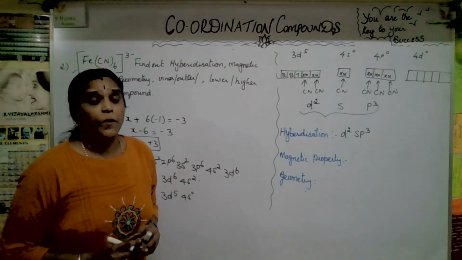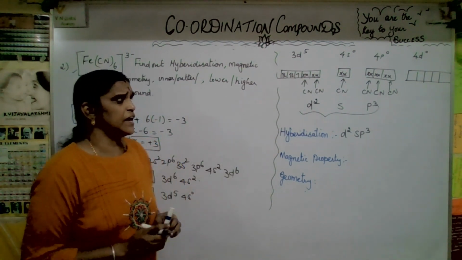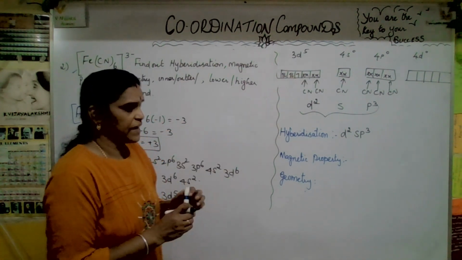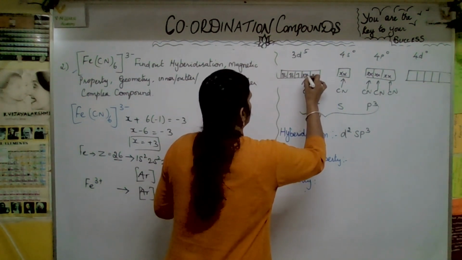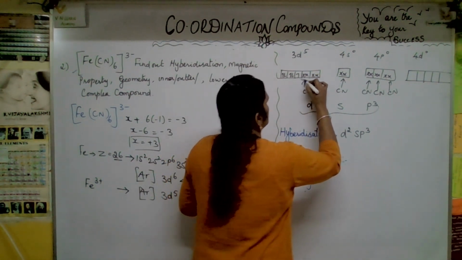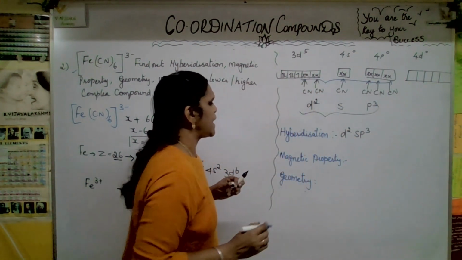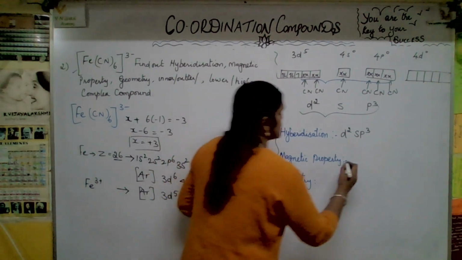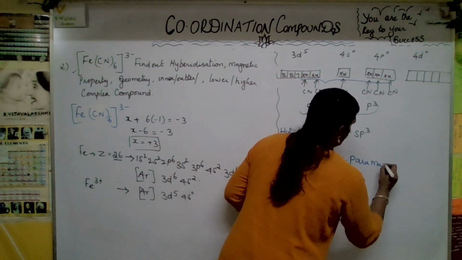Now magnetic property: are there any unpaired electrons available? Yes, of course, only one unpaired electron is there. So if I put it a different way, you can identify. These are all ligand filled, and this is the unpaired electron. So only one unpaired electron, so here it is paramagnetic.